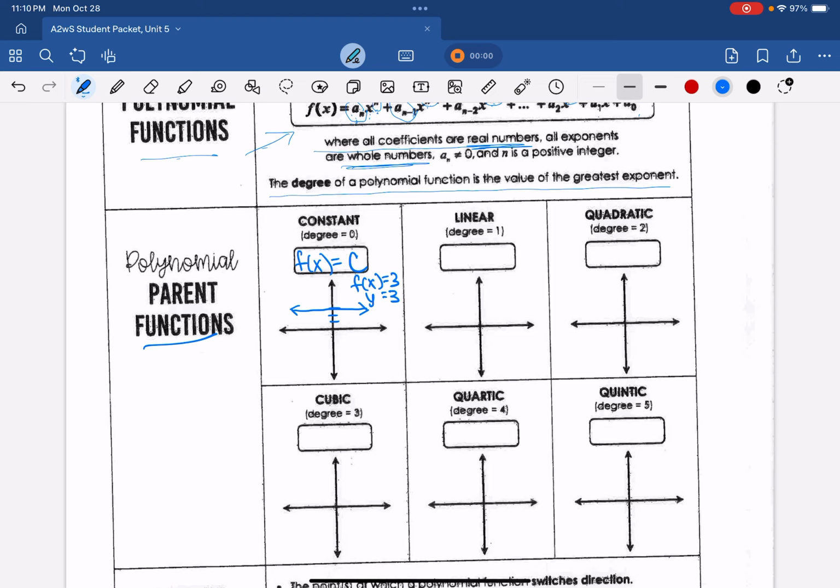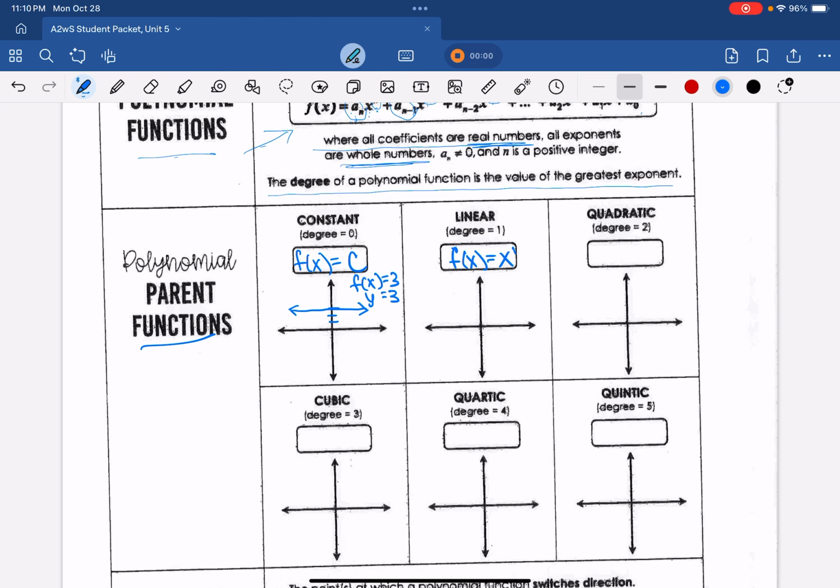Okay? A linear function would look like this. The parent function is f of x equals x. If we don't see an exponent on that x, it's understood to be a 1. So it's f of x equals x to the first. What this looks like is a linear, so it's a line. Not a horizontal line anymore.